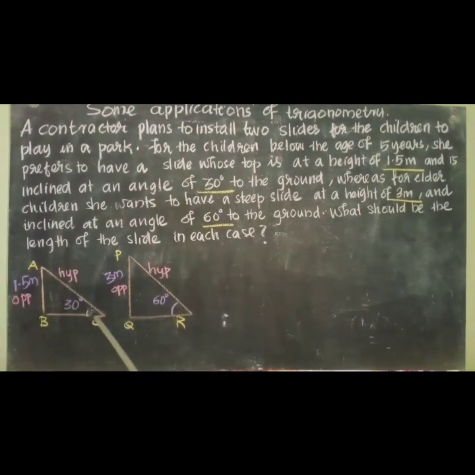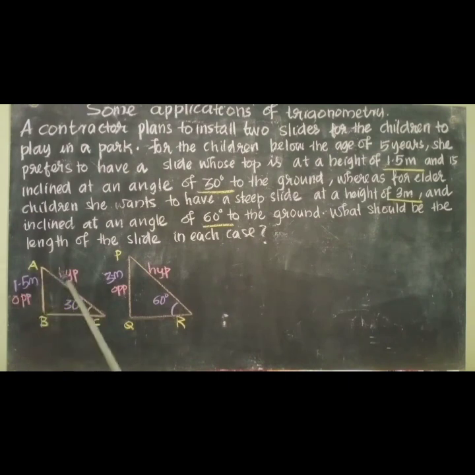You see the first figure, the first case, angle C is the acute angle, and for this acute angle with measurement 30 degree, this AB is the opposite side and the slide AC is the hypotenuse. So we need to find out the length of hypotenuse. Opposite side is given.